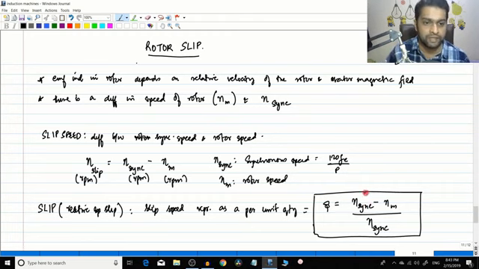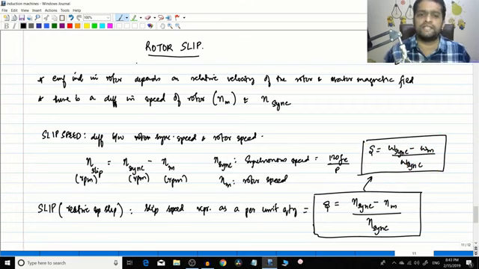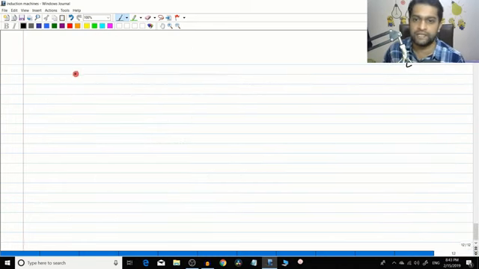The same expression can be written in terms of angular velocity omega: omega sync minus omega m divided by omega sync. These are just different ways of representing the same concept. Now let us modify this equation so that we get something useful. Slip is equal to N sync minus Nm divided by N sync.